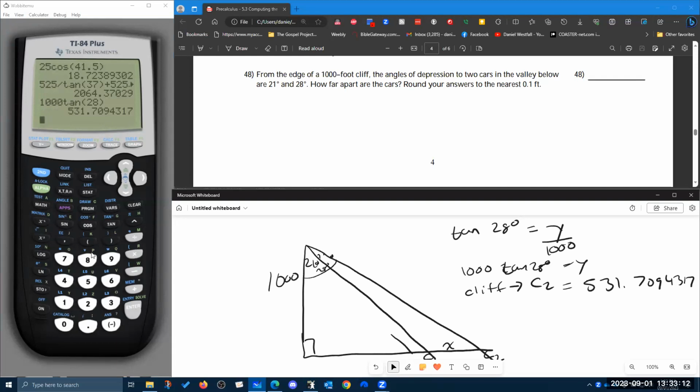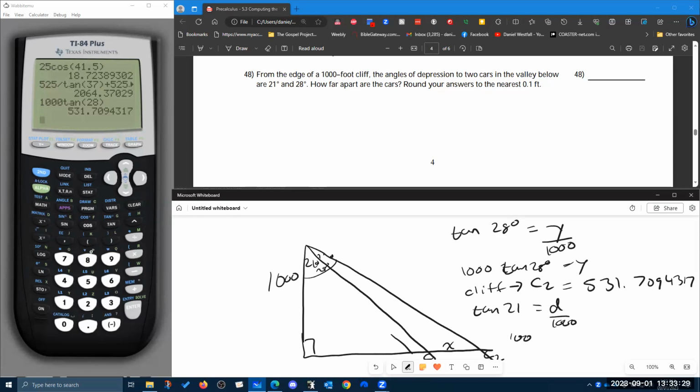Let's find cliff to car 1. So that's going to be tan of 21 degrees is equal to that distance that I want divided by 1,000.